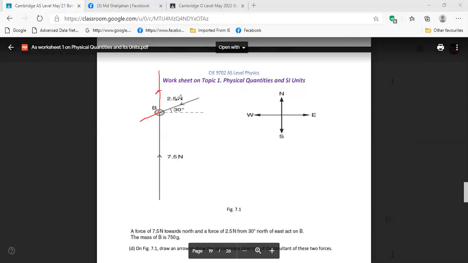Navid, this one is 2.5 and this one is 7.5. So 7.5 is 3 times 2.5, isn't it? If we want to make the parallelogram, then we try to make it approximately the length ratio we should maintain, right?